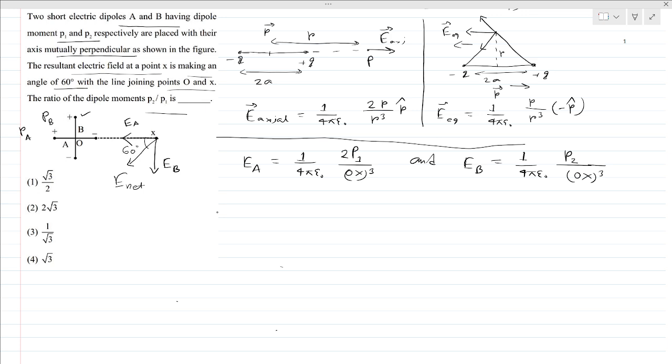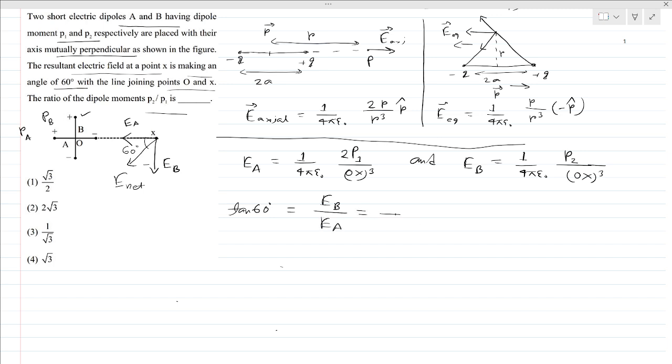So if this angle is 60 degrees, then we can easily write tan 60 degrees equals height by base. The height is EB and the base is EA.